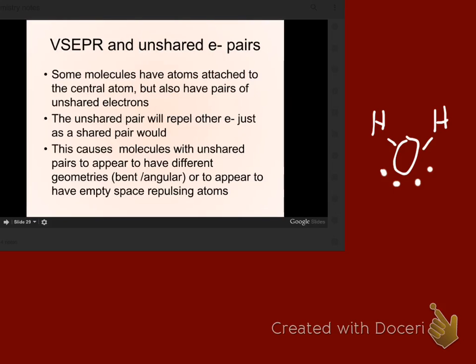Water is a bent molecule. Those hydrogens are bent down and away from the oxygen because those unshared pairs push them down outside the plane. It's not linear, even though there are 2 things attached.